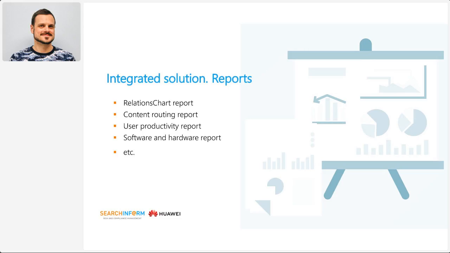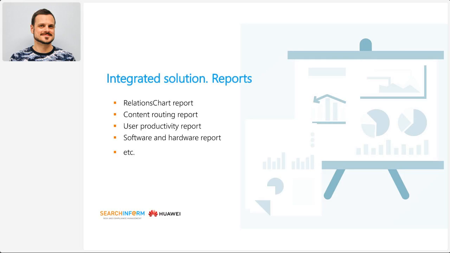Content routing report is a great type of report which allows you to identify where exactly this or that particular document first appeared in the company network, and how it was shared inside the network, who shared it with whom, and try to analyze the reasoning behind that.